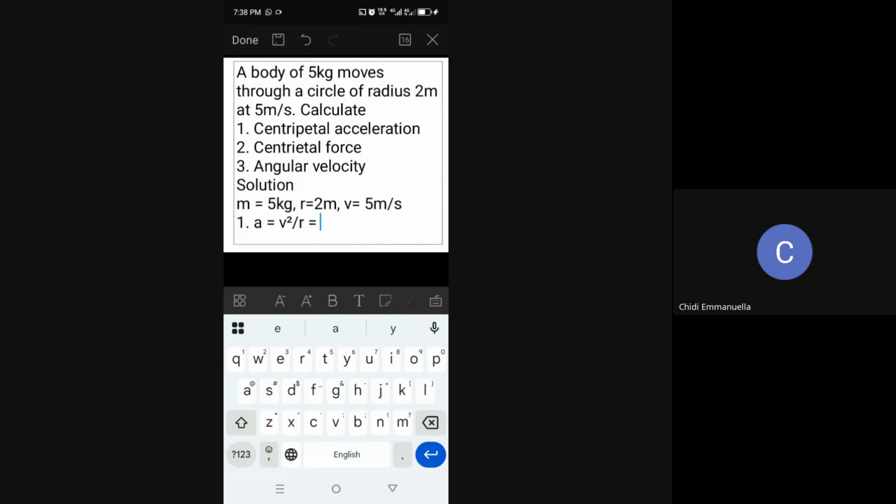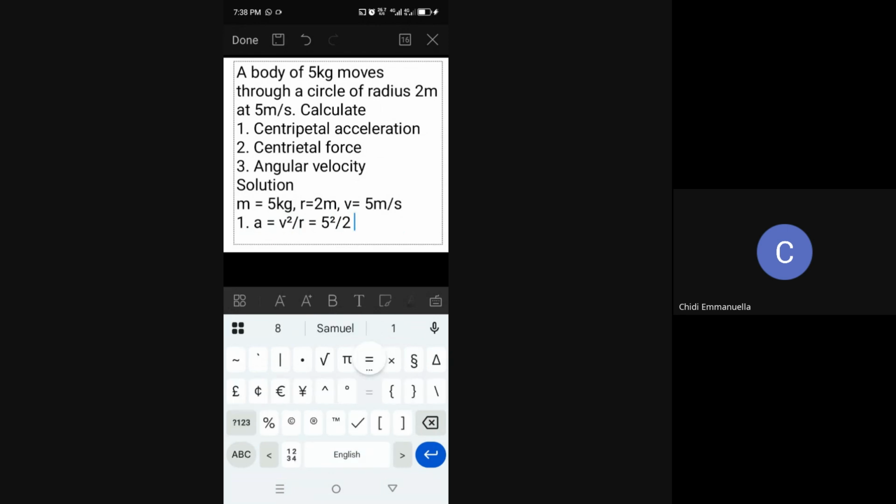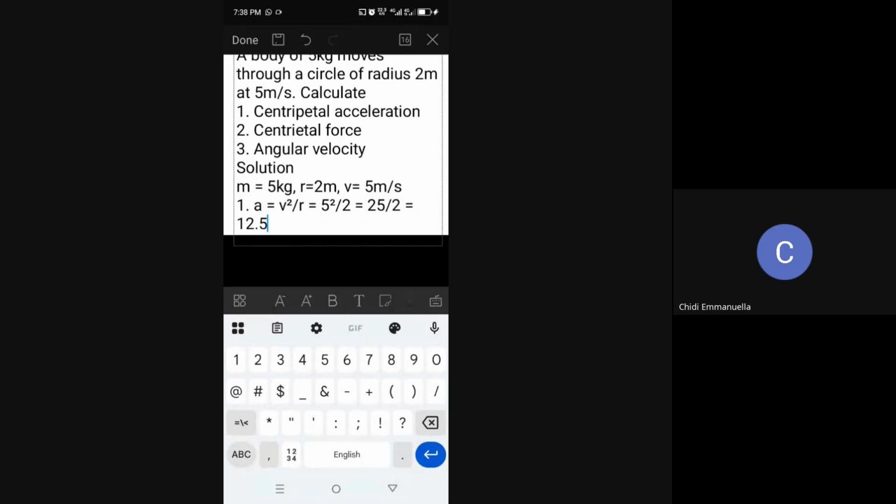My v is 5, so 5 squared over 2. 5 squared is 25. That is 25 over 2, which will give me 12.5 meters per second squared.